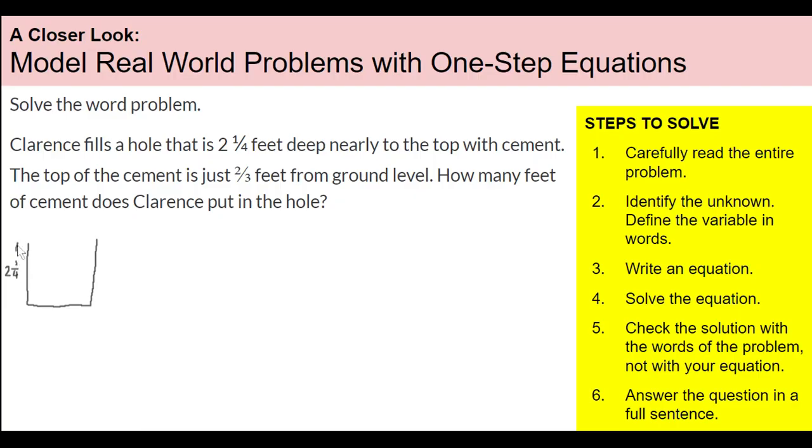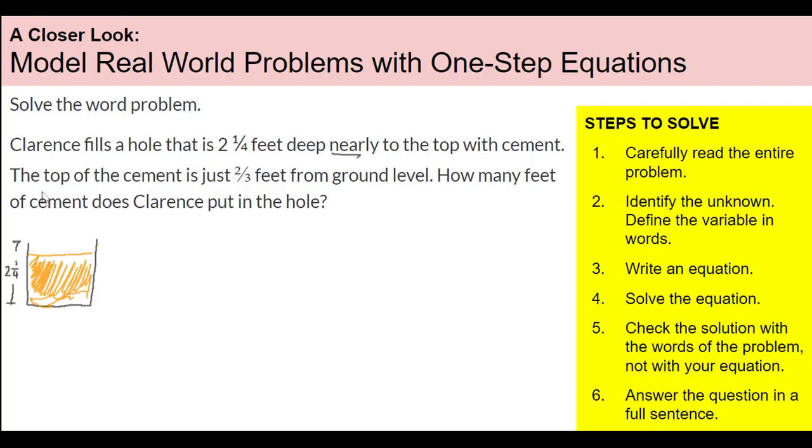From the top to the bottom, it's 2 1/4 feet deep. Then he fills it nearly to the top with cement. It says it goes nearly to the top, so let's say it goes right there, and he fills the hole with cement.